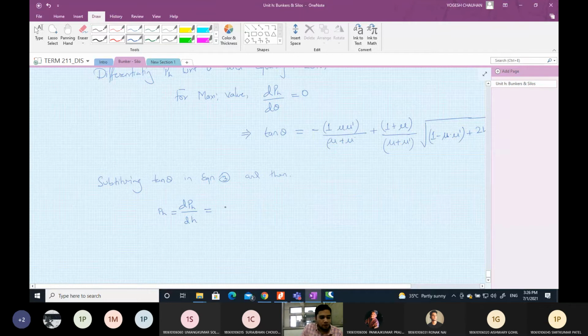So this will be equal to gamma b into tan theta minus mu divided by 1 minus mu dash plus mu dash tan theta.